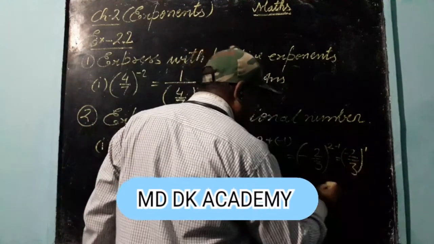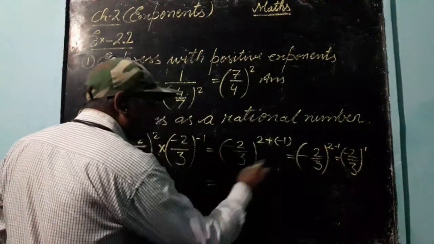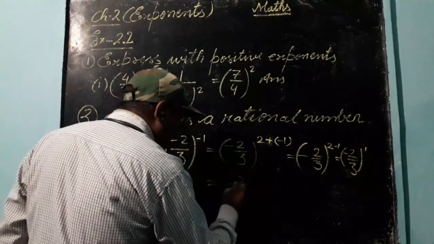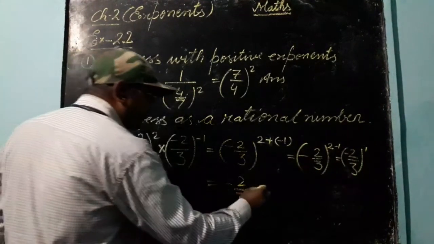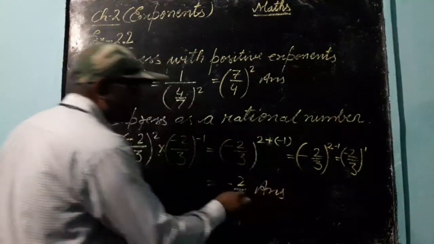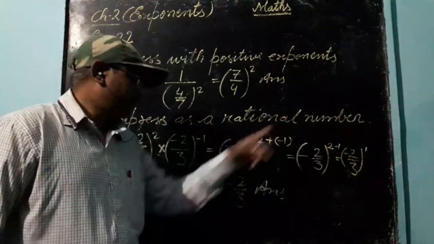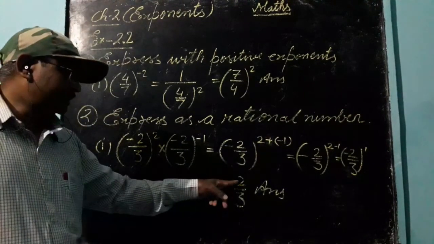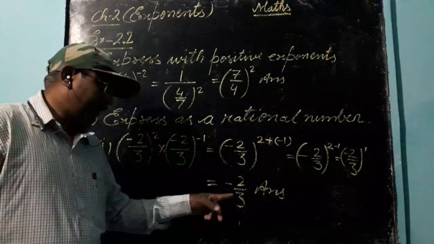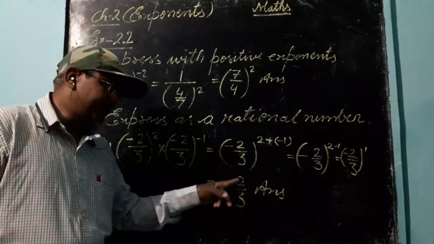And then finally the answer is -2 upon 3. Power 1 is there, no need to write it, that will be the answer. It is in the form of a rational number. P upon Q is the form of a rational number, so -2 is at the place of P and 3 is at the place of Q. In this way it is a rational number.